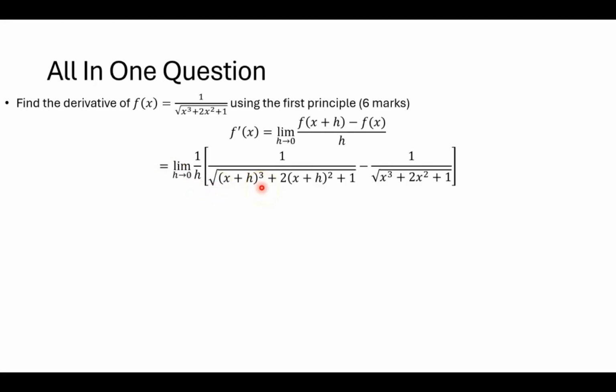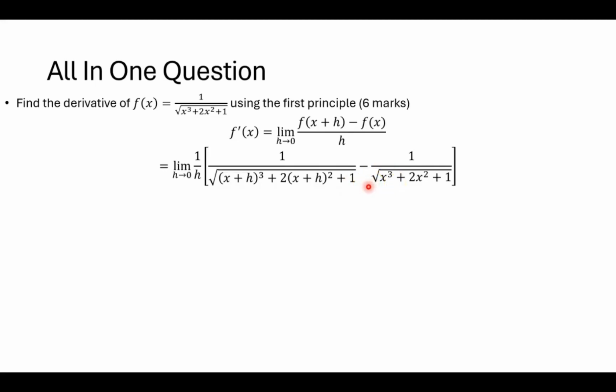And at this step, we don't want to see two fractions minus together in an expression. We want to make them into one term. So we can somehow factor an h out in the numerator and cancel with this h in the denominator. So to get these two terms into one term, we need to get a common denominator.